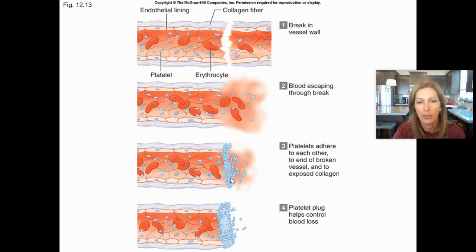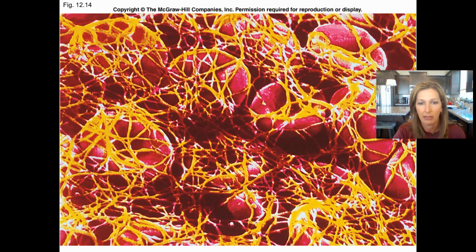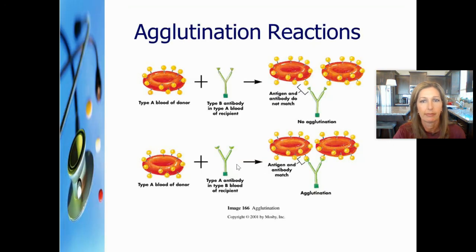That is now going to start a protein cascade reaction, a positive feedback reaction, that ends up with the fibrinogen-fibrin conversion, which is going to create this cluster of red blood cells and fiber that's going to plug the hole temporarily until you can build more capillary walls.